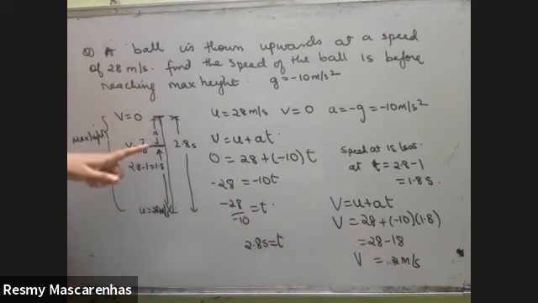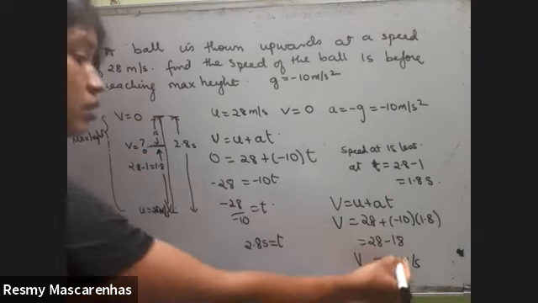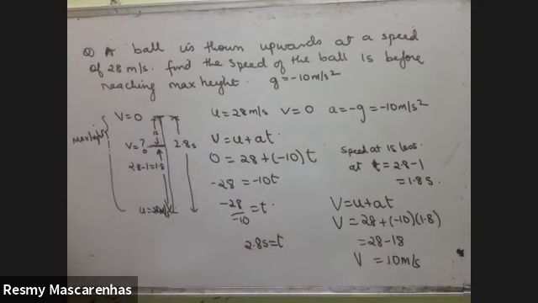So just before reaching 0, at 1 second before that, the speed was 2 meters per second. At 10, sorry, 10 meters per second. So that's the answer.